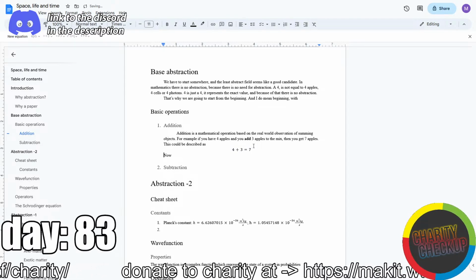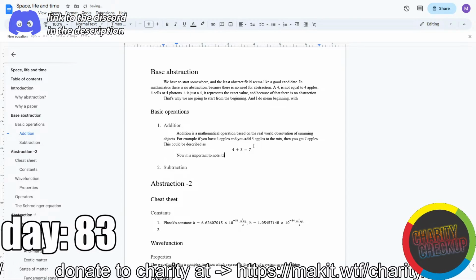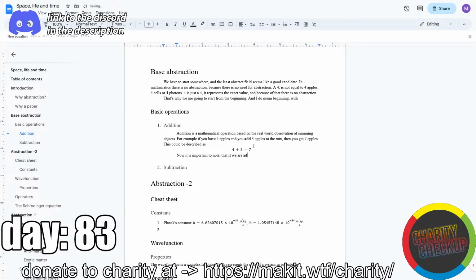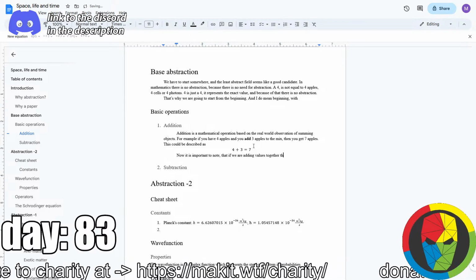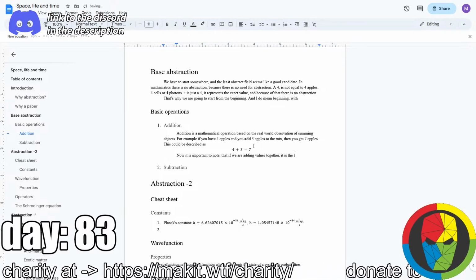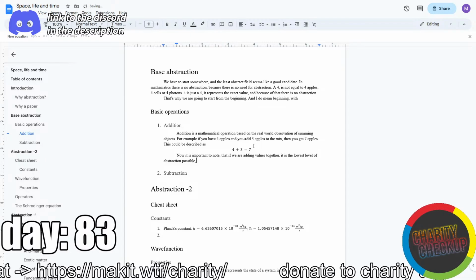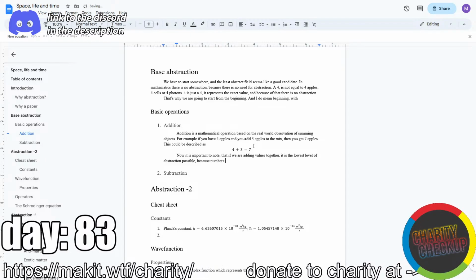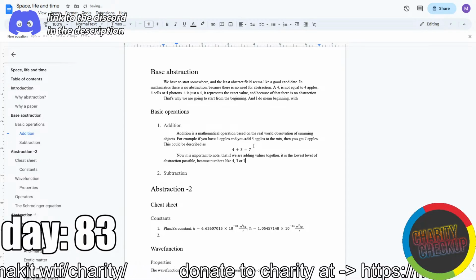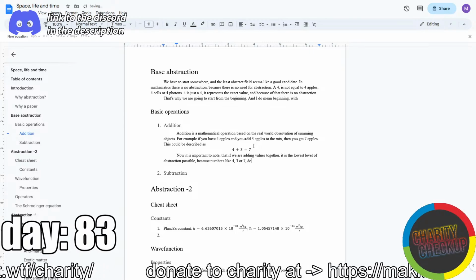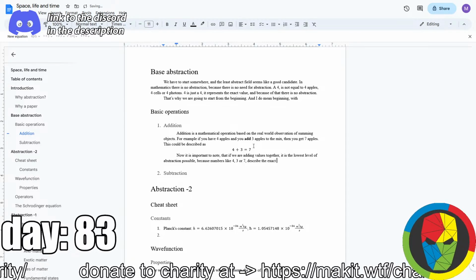Now, it is important to note that if we are adding values together, it is the lowest level of abstraction possible, because numbers like 4, 3 or 7 describe the exact value.